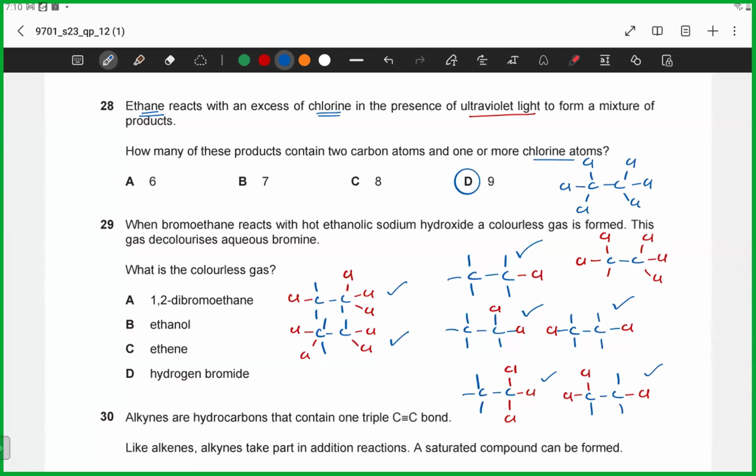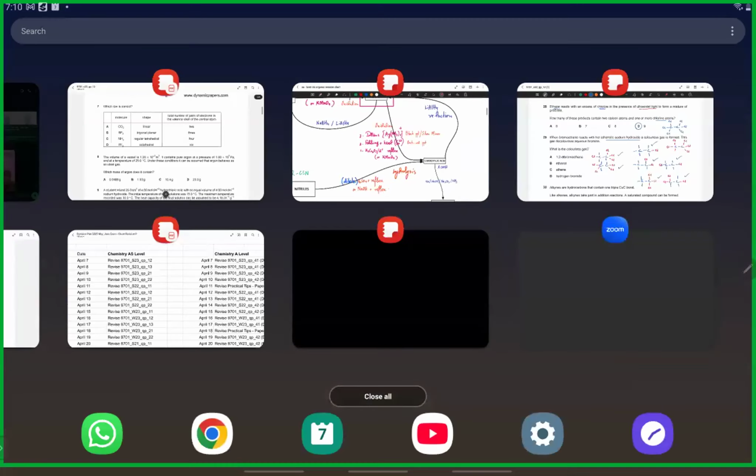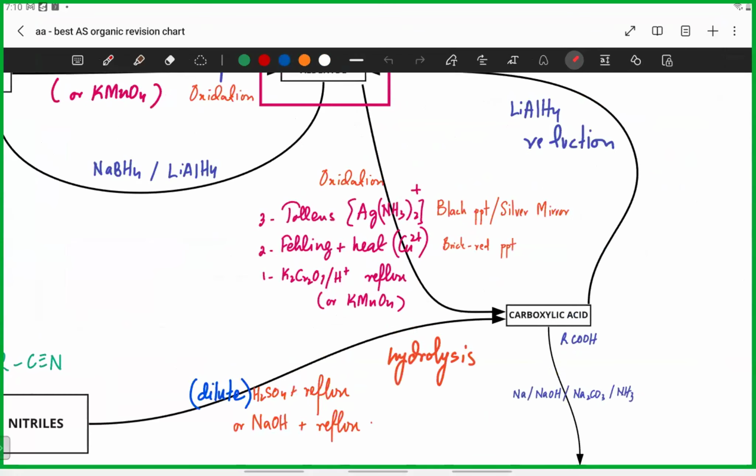अच्छा क्या ब्रोमोमीथेन reacts with ethanoic NaOH, ठीक है? What does ethanoic NaOH do? You remember halogenoalkane? Alkenes. हाँ, halogenoalkanes में ना.